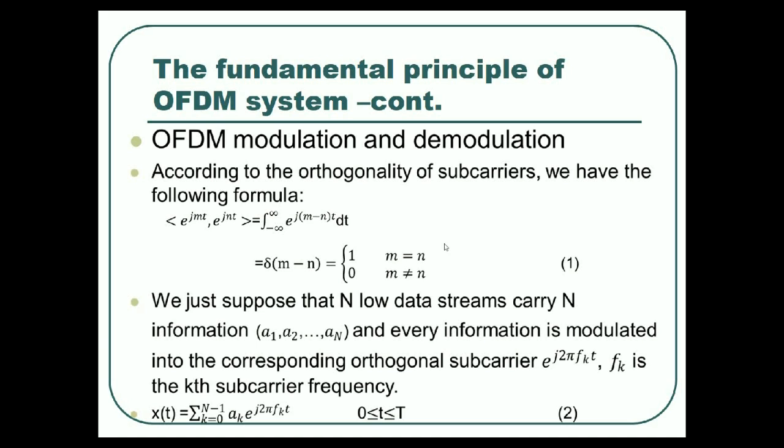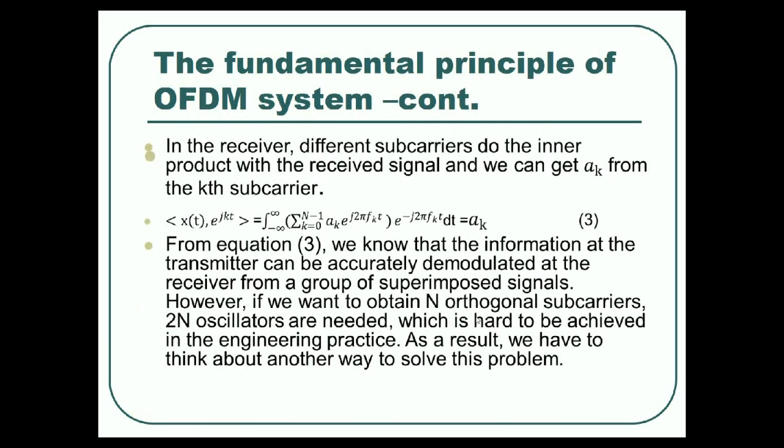From this equation, we know that if m is equal to n, the result is 1, otherwise the result is 0. We suppose that N low-rate data streams carry N pieces of information, S1, S2, and so on, and every piece of information is modulated onto the corresponding orthogonal subcarrier, and we get equation 2.